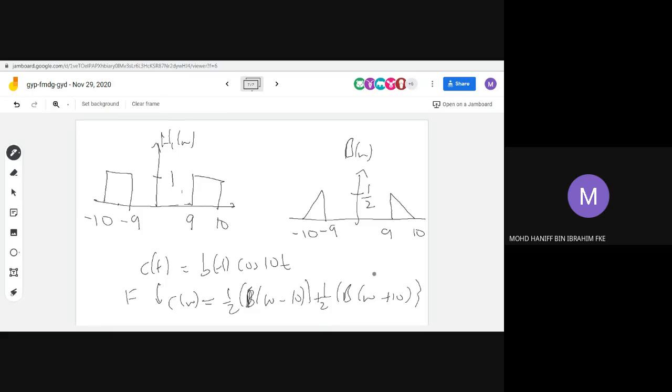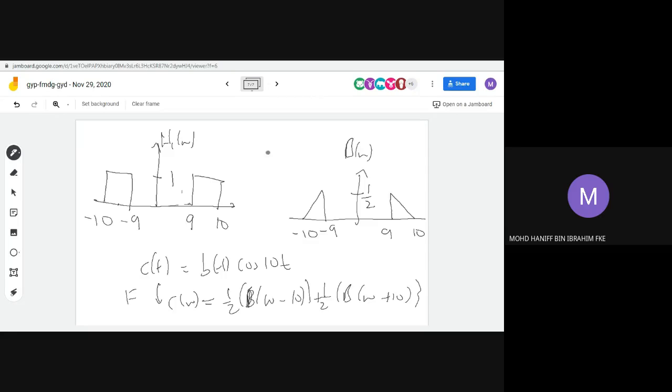So C(ω) is based on this B(ω), shifted by 10 units to the right and 10 units to the left. That will give us C(ω). So how should C(ω) look?